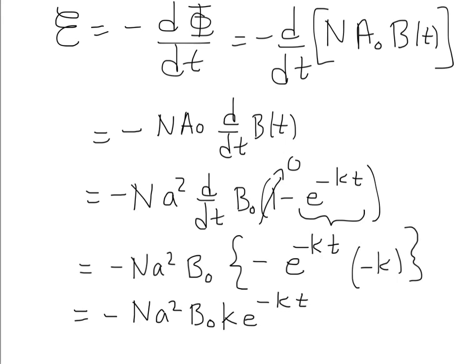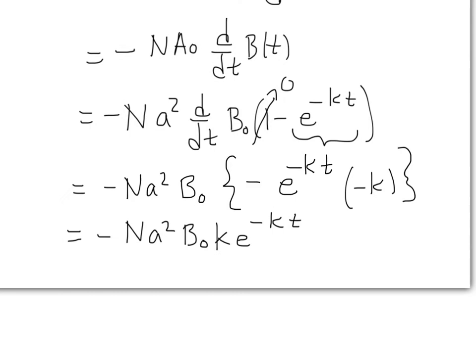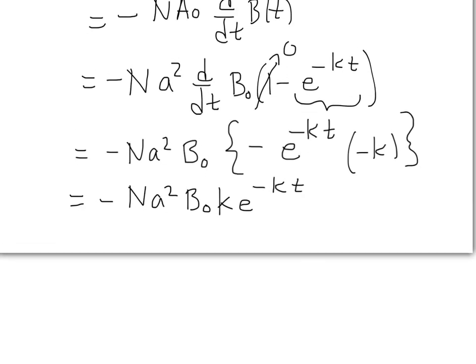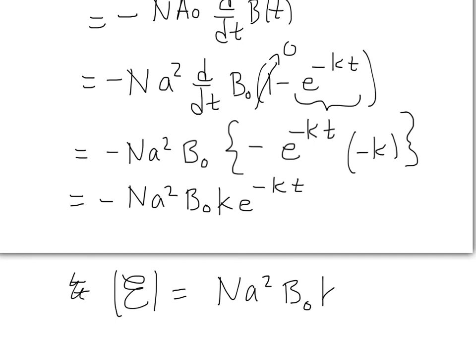Now you'll notice that this is a negative number, and we were really only asked for the magnitude of the EMF. So we can write the magnitude this way as a positive number. And that is the final answer.